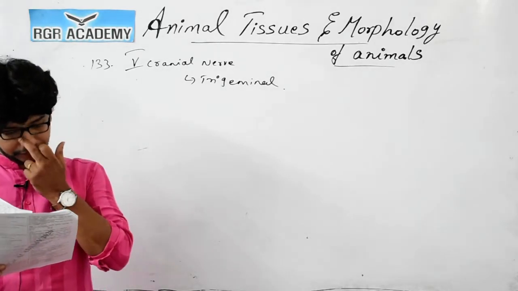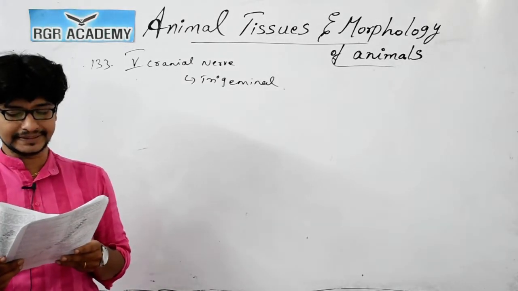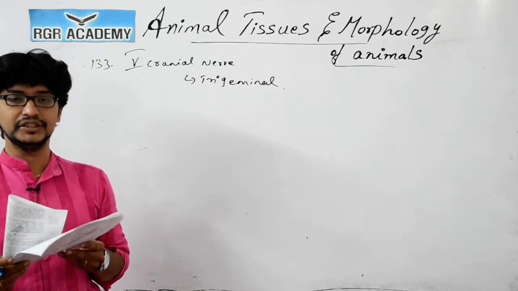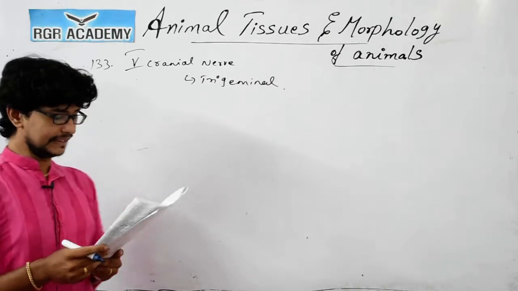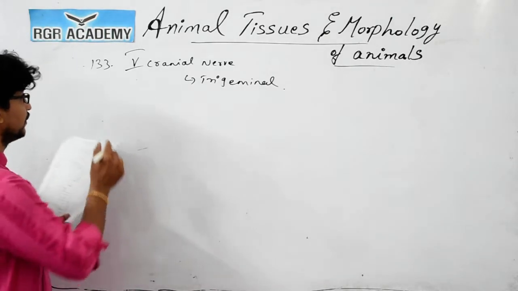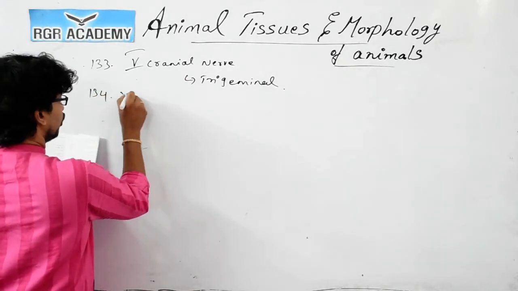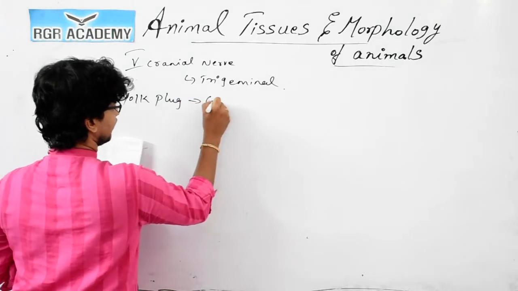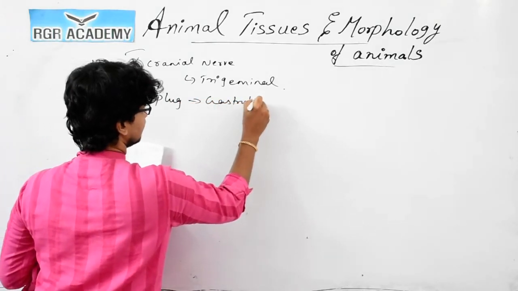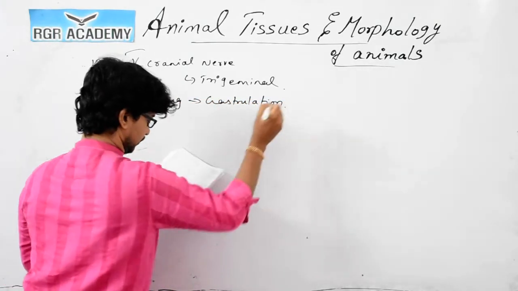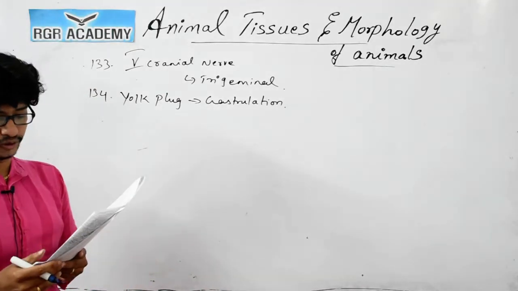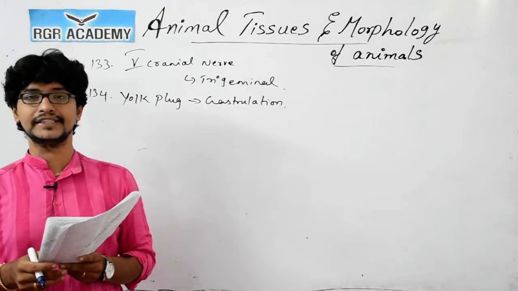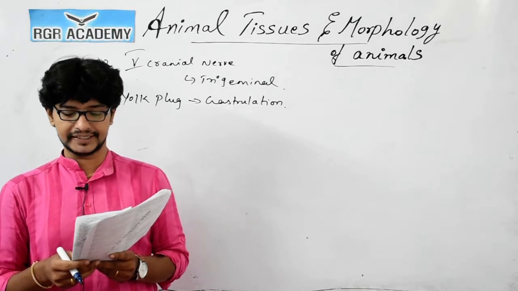Question number 134. Yolk plug can be seen during which development stage of the frog? You could see it in the case of gastrulation. Because gastrulation is a process which converts a single layered blastula into a 2 to 3 layered gastrula.